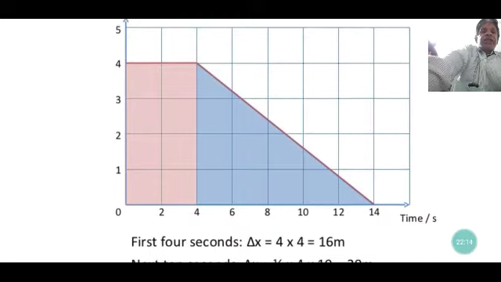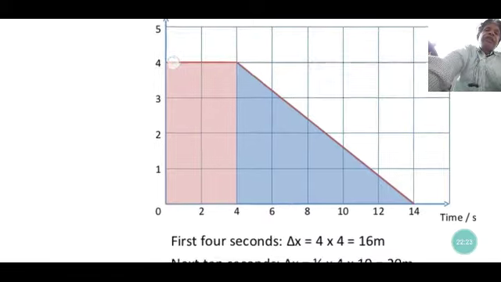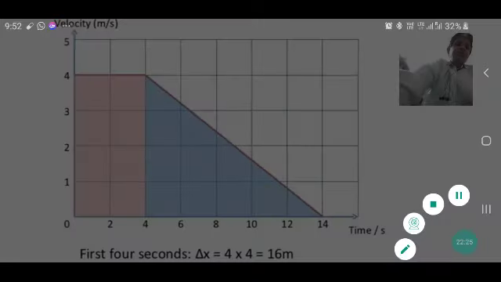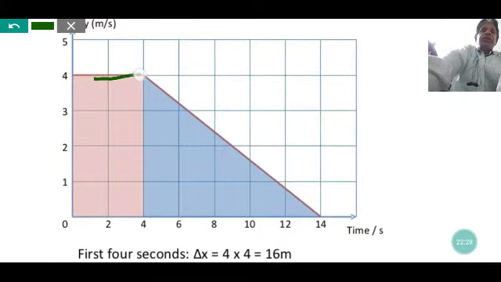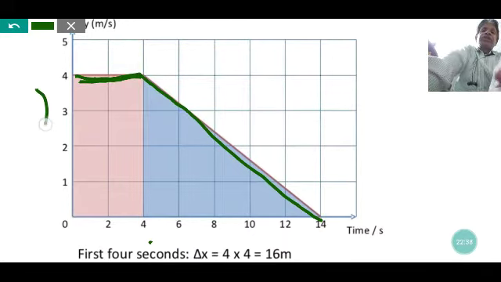The line plotted with respect to time and change in velocity is the velocity-time graph. In the time interval 0 to 4 seconds, velocity is constant, that is 4 meter per second.